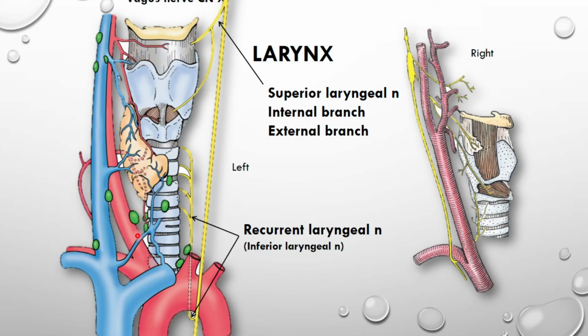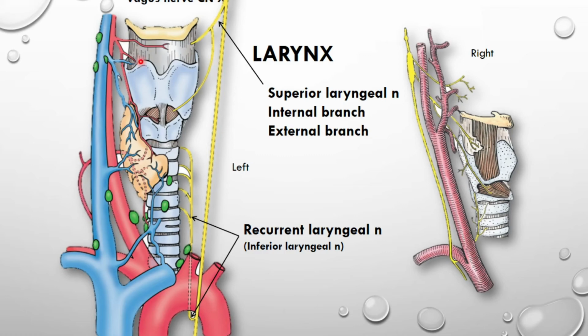You also have an inferior thyroid artery, which comes from a little branch of your subclavian artery called the thyrocervical trunk, and the inferior thyroid artery runs up your neck and is going to supply the inferior part of your thyroid gland and also the inferior half of your larynx as well.